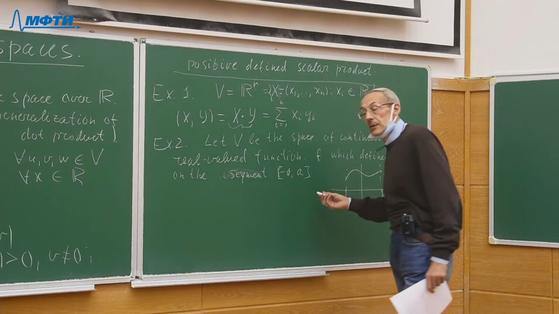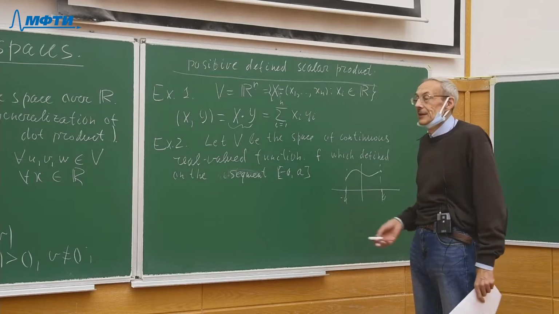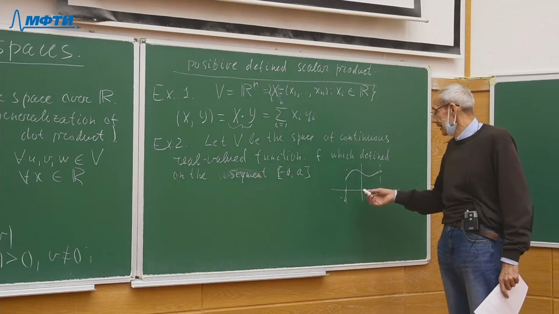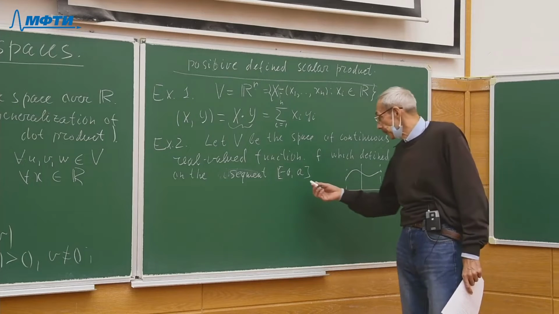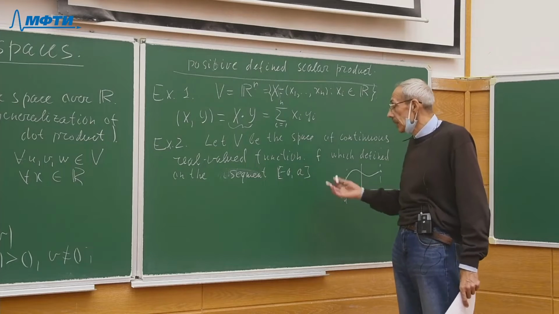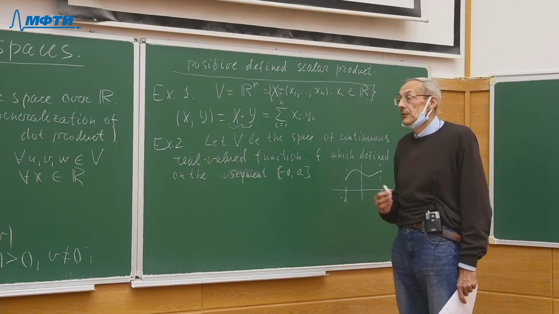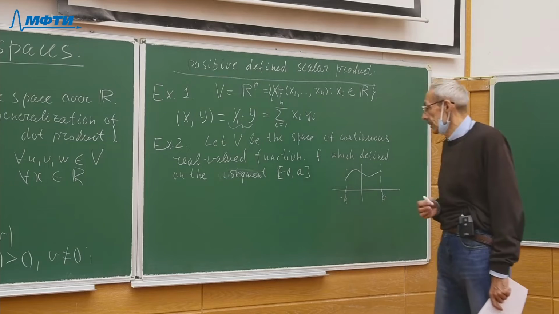In this case, we have infinitely many coordinates, in some non-strict sense, and this space is an example of a so-called infinite-dimensional vector space.